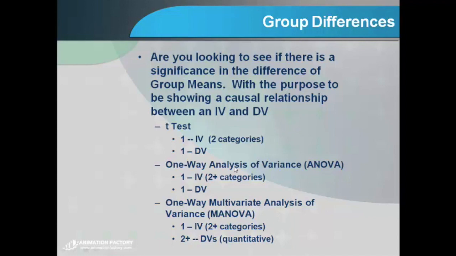In these first two, we were still making inferences about causality. Once we begin to move into the multivariate analysis, we're making more of a strength in our case for causality.